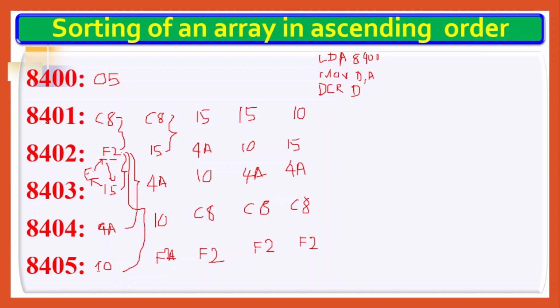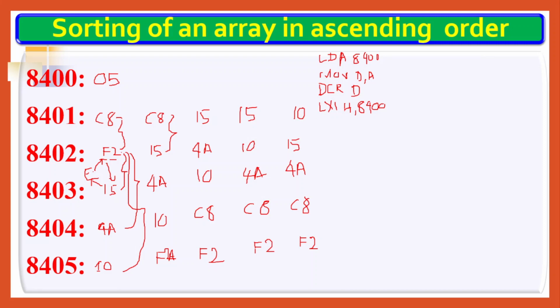Now we have to go to how many comparisons are needed within a set. In this case we have to use indirect addressing, as we have to handle a string of elements. For that we will initialize the HL pair with the given address: LXI H, 8400. You can ask that we already took 8400 for the count as the number of sets, but within a set we also need the same count.